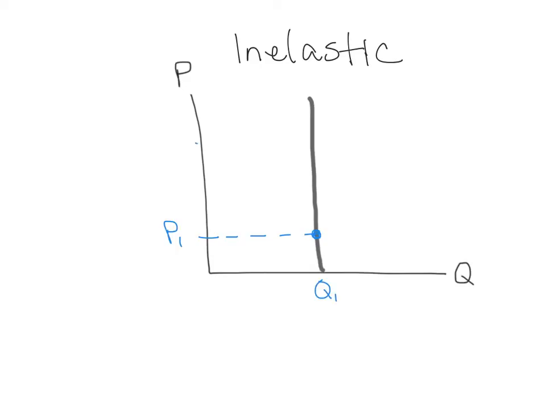If the price is high, she's not going to change her behavior. She's going to ask for the exact same amount of pain relievers, still Q1. In other words, her demand will be perfectly inelastic, meaning there's zero response in quantity when the price changes.